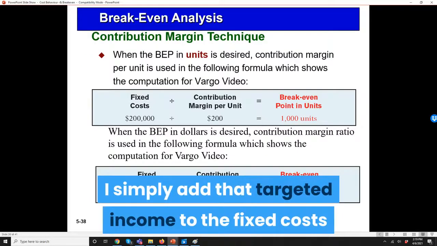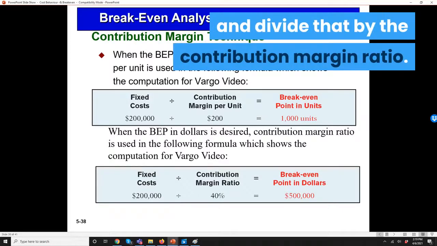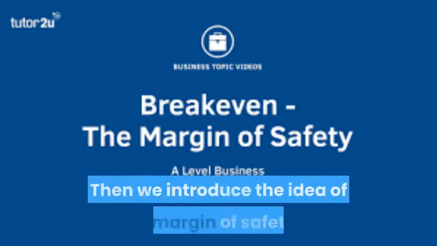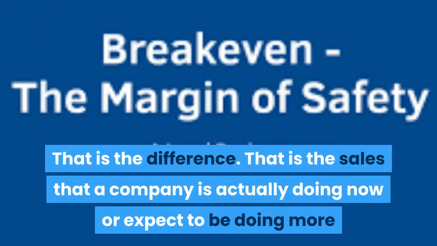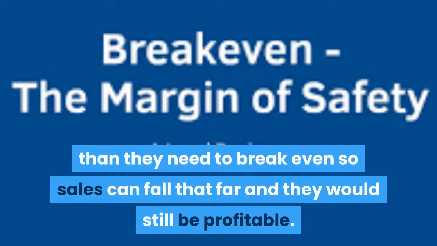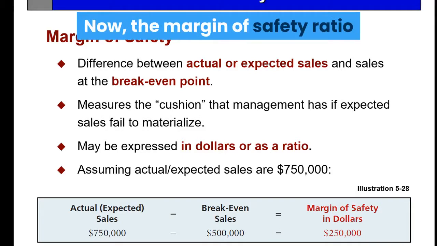So now, we then put that together to determine a break-even at 0 profit when the total contribution margin equals fixed cost. Now, if I want break-even in units, I divide the fixed cost by the contribution margin per unit. If I want to break even in sales dollars, I divide the fixed cost by the contribution margin ratio.